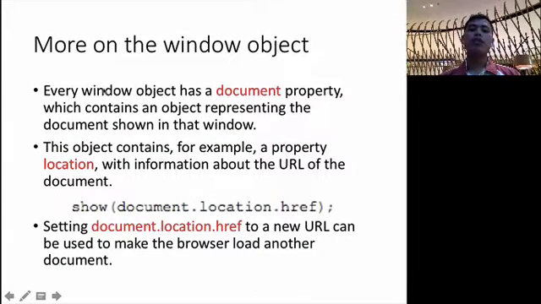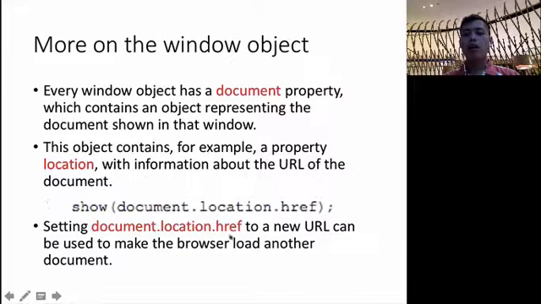More on the window object: every window object has a document property, and this contains an object representing the document shown in that window. This object contains, for example, a location property with information about the URL of the document.